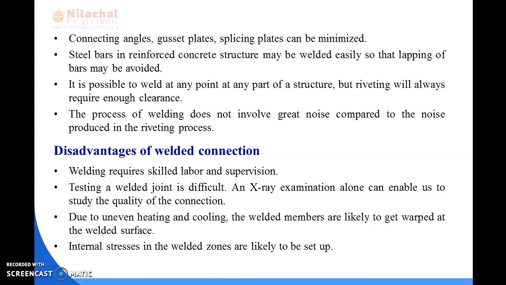The next one is that due to uneven heating and cooling, the welded members are likely to get warped at the welded surface.